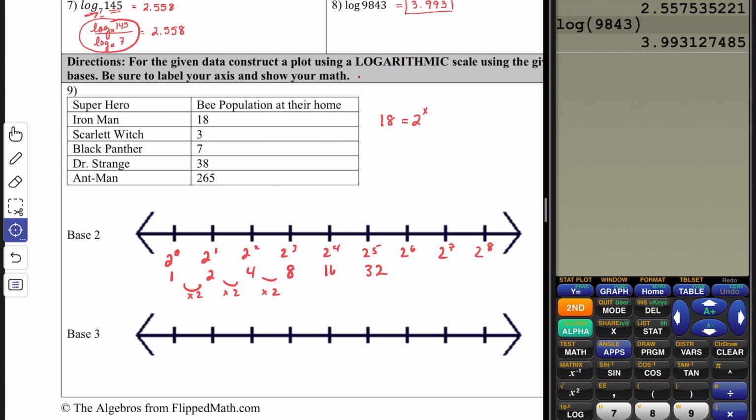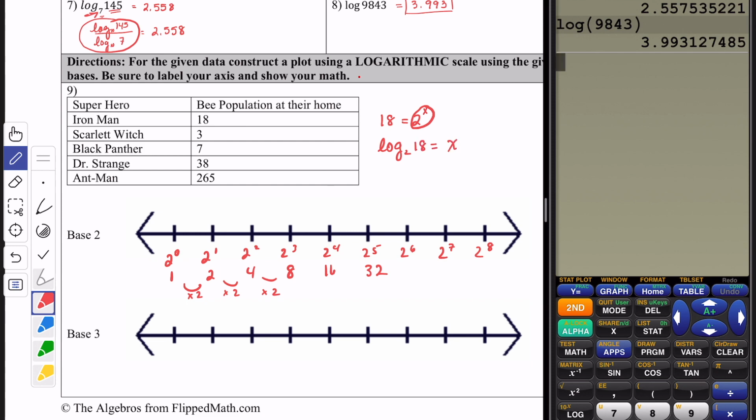Okay, and then to figure out what x is, so we'll know it's 2 to what power, we just take the log base 2 of the 18, and that just tells us what x is. Or I'm just changing it to logarithmic form if you like.